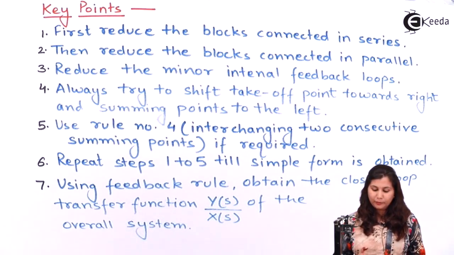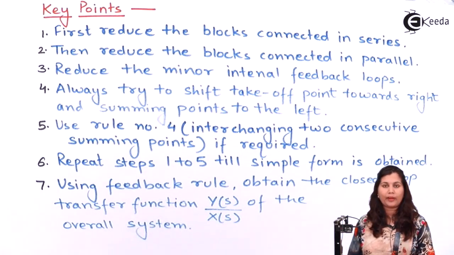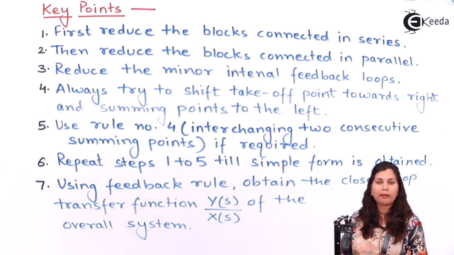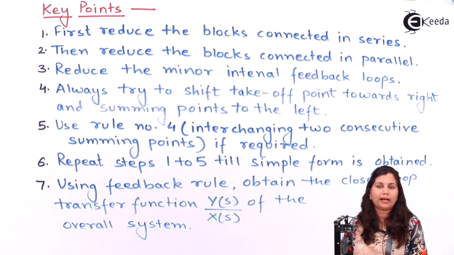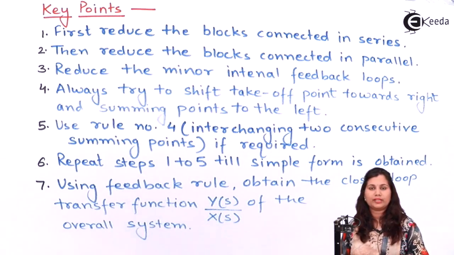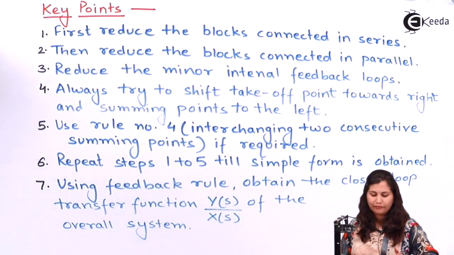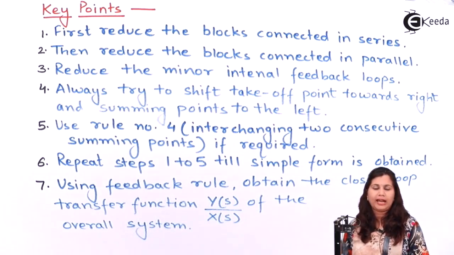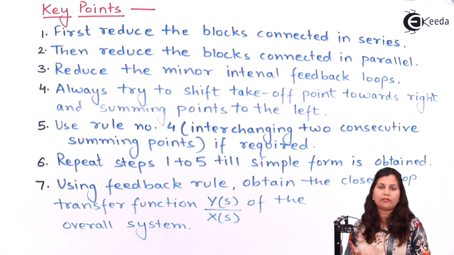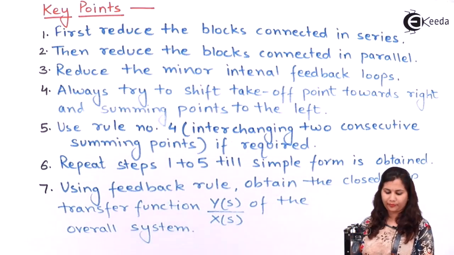Now the third point is that reduce the minor internal feedback loops. If you encounter some feedback loops which are very small in size, that is the minor internal feedback loops, then first reduce them. If you apply these 3 points in solving a question, your block diagram will be reduced and simplified step by step.